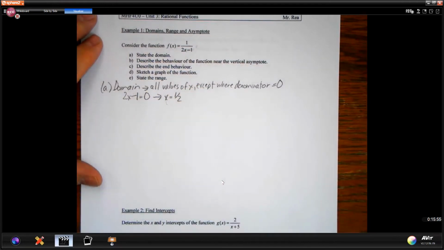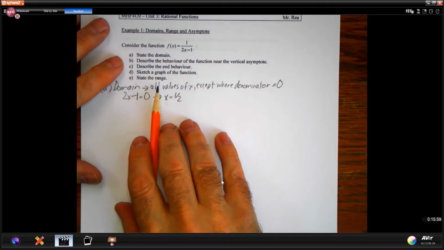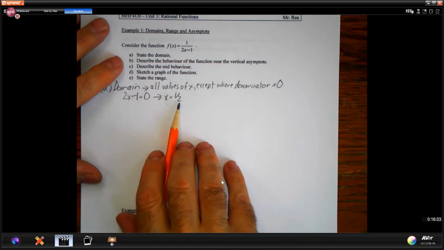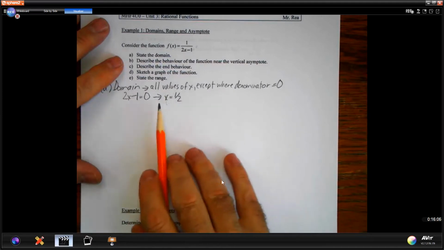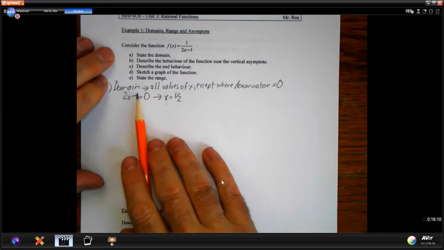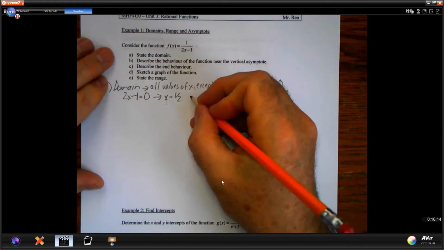So in terms of this question, what's the domain? Well, it's going to be all values of x except for x equals 1/2. Now, we're going to use this now that we found the value of x that's not part of the domain in this case. That's where our vertical asymptote is.